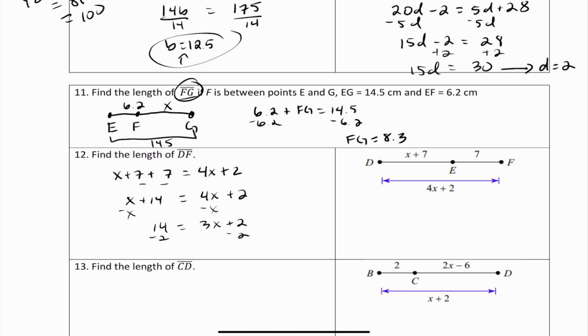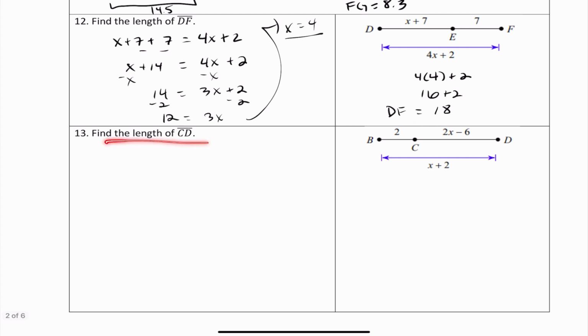Subtract both sides by 2. I get 12 equals 3x. So what does that mean? That's going to be x is equal to 4. So if x is equal to 4, I do 4 times 4 plus 2, which is equal to 16 plus 2, 18. So the measure of DF is 18.